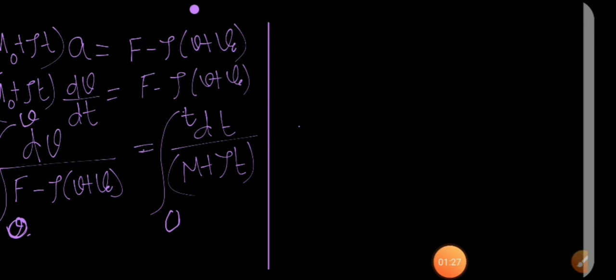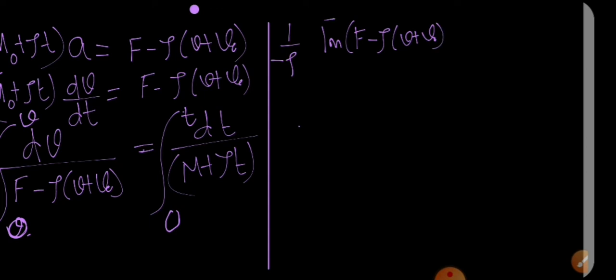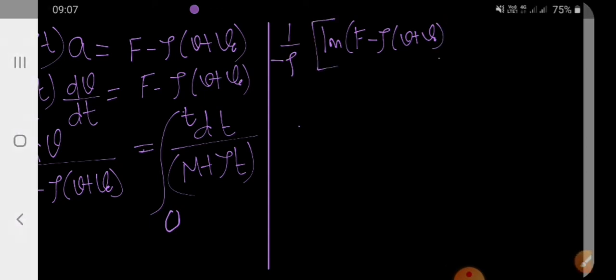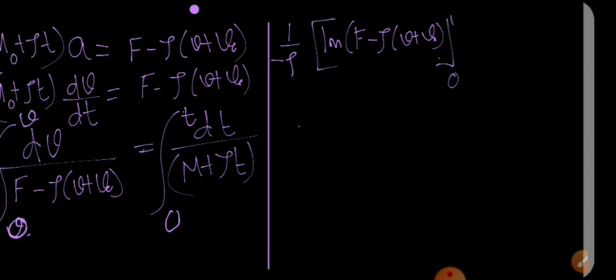This left hand side differential will be 1 by minus rho and ln of f minus rho times v plus v naught, and we have to substitute the limit from 0 to v. This is equal to 1 by rho and ln of M plus rho t, and we have to substitute the limit from 0 to t.